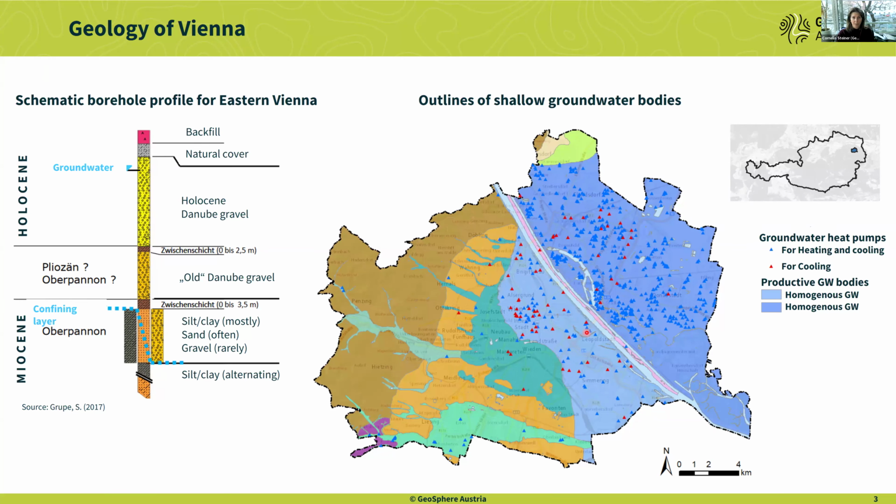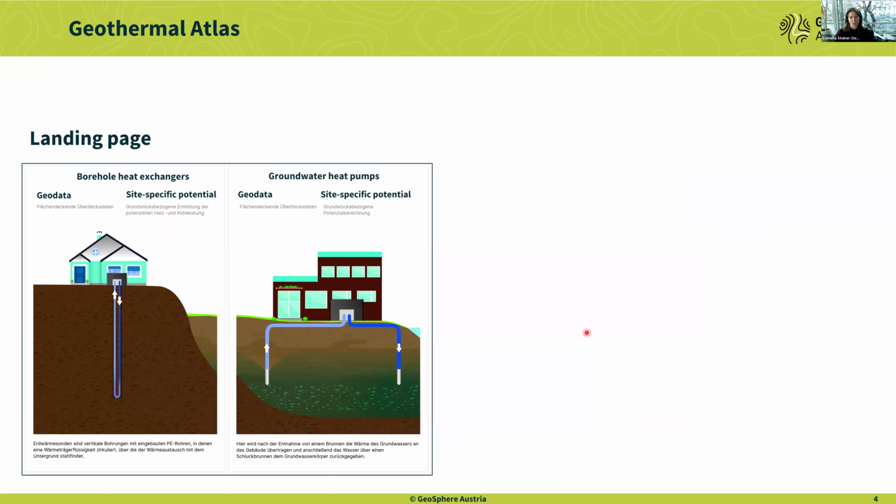I already mentioned the groundwater heat pumps. They are very important, not only in Vienna, but also in the rest of Austria. The second important technology regarding shallow geothermal energy are the borehole heat exchangers. And those are the two technologies that we focus on in this Geothermal Atlas.